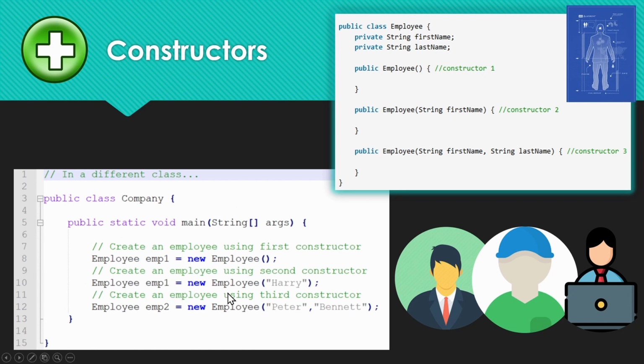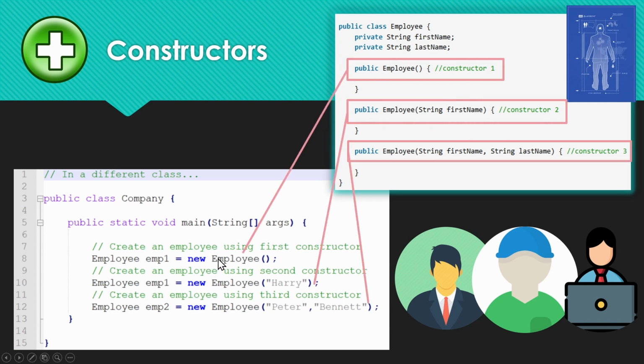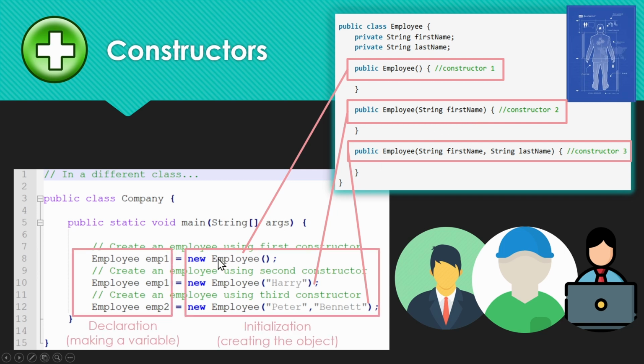Now when you look at down here, this is how it's used. What we're actually doing here is just calling these constructor methods here. When we say new employee Harry, that's what's happening. It's calling this constructor. And the thing to note about this is that here's where the variables are being declared, right? These are declarations.